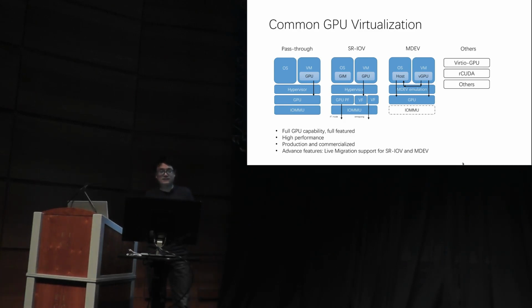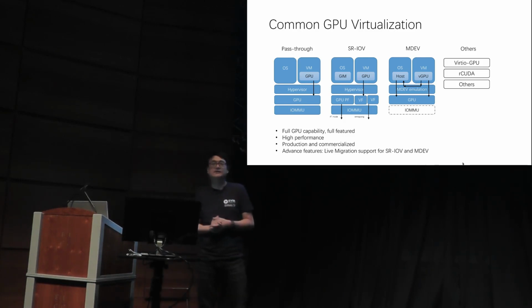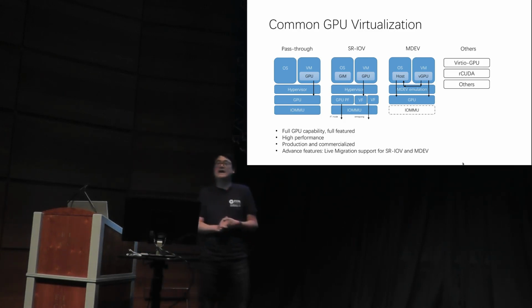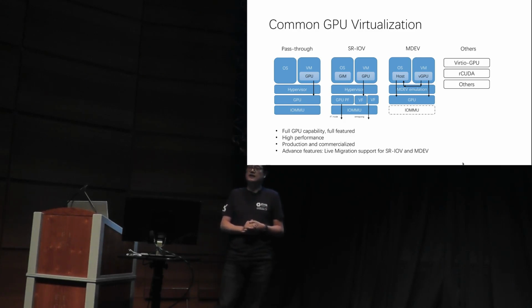But the difference is, with pass-through there is no host driver on the host side. So the host does not know what the GPU is doing. You would not even know the temperature or the frame buffer usage the guest is using. This lack of information is the problem with pass-through, so it is difficult to support live migration.